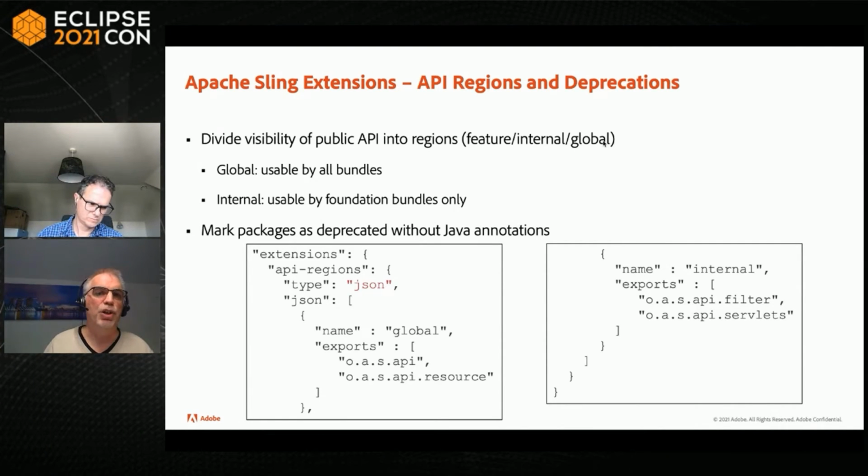The older versions are not really deprecated in the source code as part of the open source project, but still you want to provide some hints to users of your API. And in combination with analyzers, you can then do all the magic, ensure that the regions are met, that no deprecated packages are used, and so on.